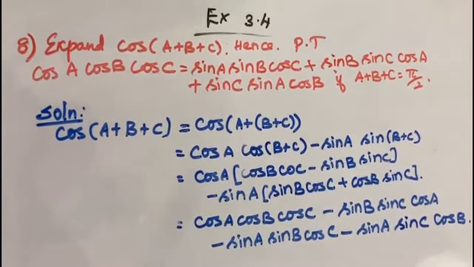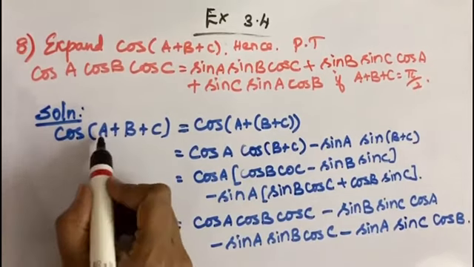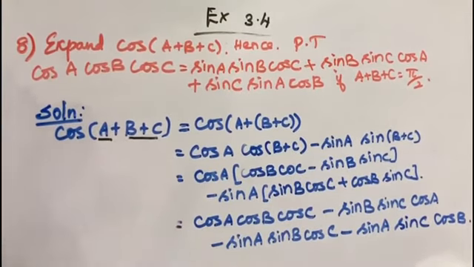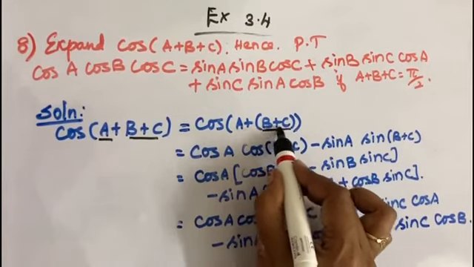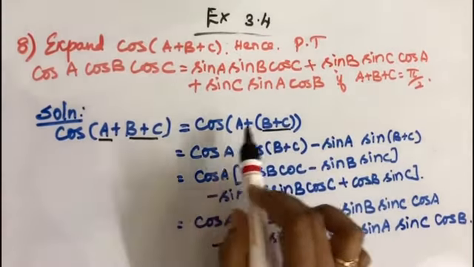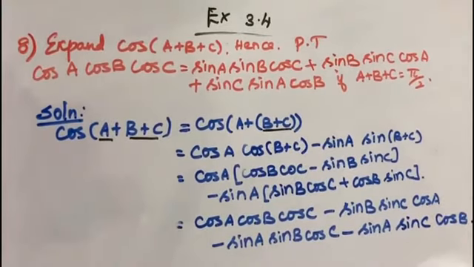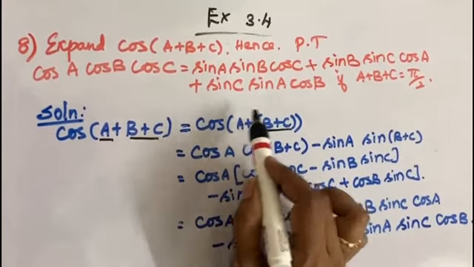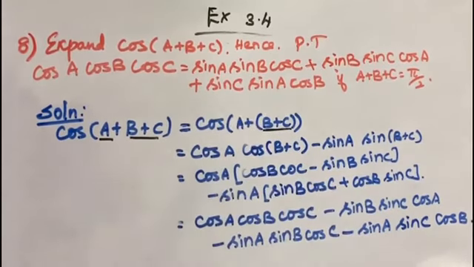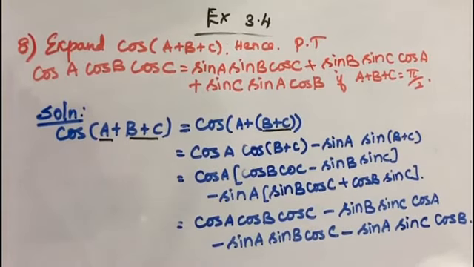So I split it as cos A plus B plus C. I take B plus C as a single angle. So cos A plus B plus C. Now it is in the form cos A plus B, or cos alpha plus beta. Now we can expand that.